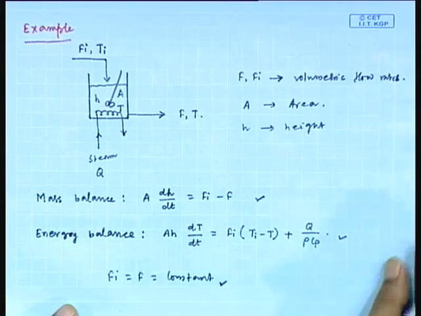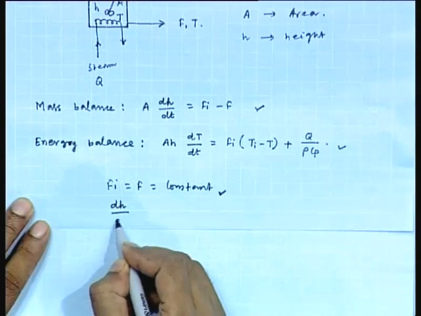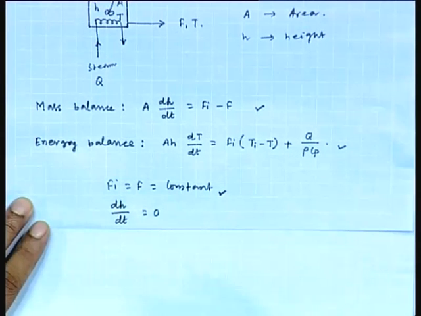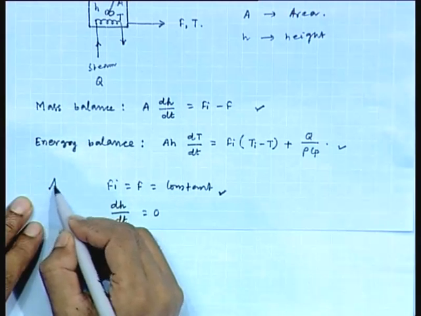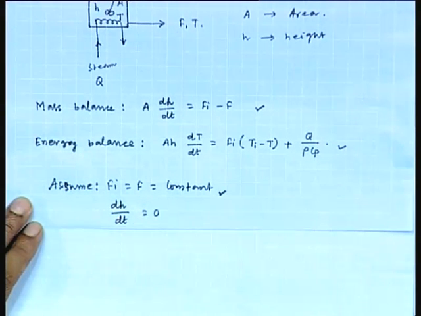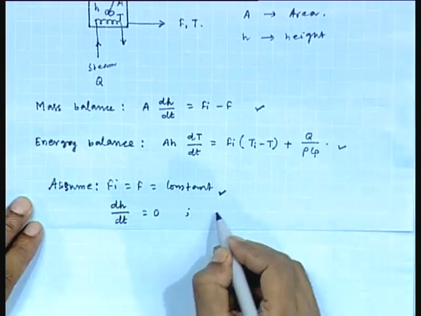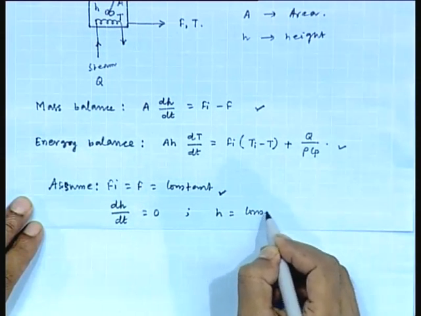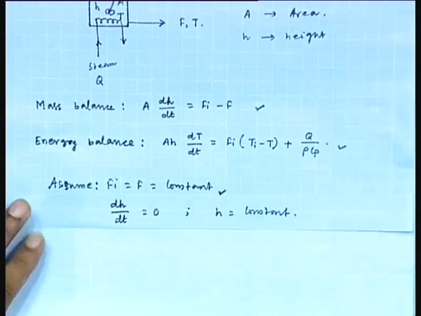Accordingly, from the mass balance we obtain dH/dt equal to 0. That means H is again a constant quantity.